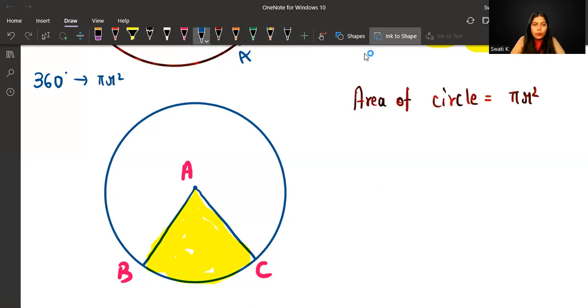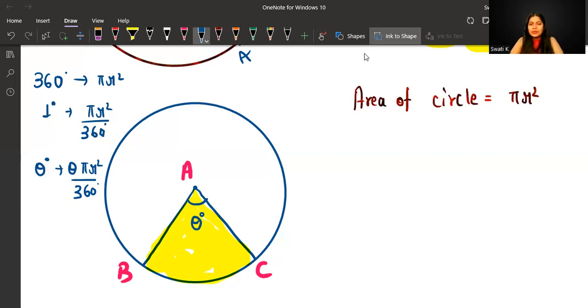If I take 1 degree, it will become pi r square over 360. And if I have only theta degree, for example, in this case, imagine the angle made by the arc BC at the center of the circle is theta degree. So for theta degree, it is simply going to be theta times pi r square over 360.